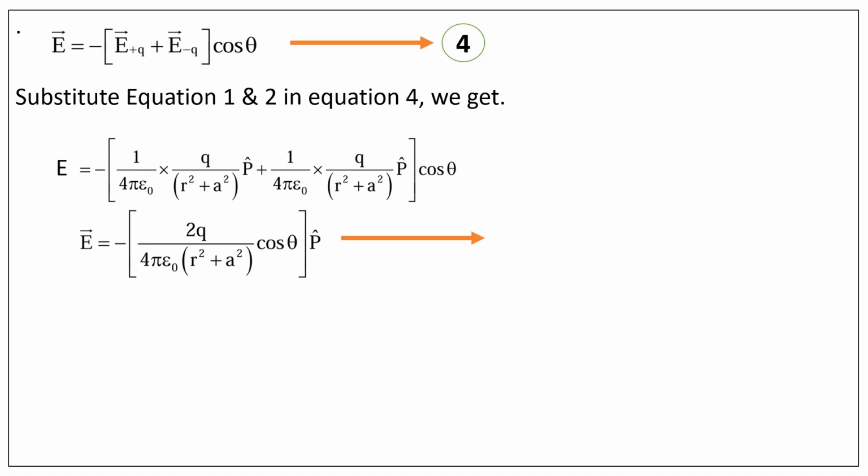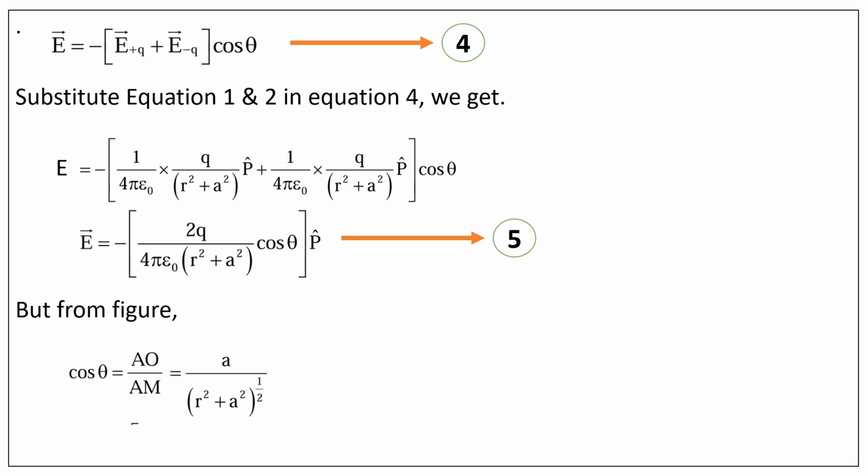That is, E is equal to minus into bracket 2Q by 4 pi epsilon naught into (r square plus a square) into cos theta into P cap. Equation number 5. But from figure, cos theta is equal to a by (r square plus a square) whole to the power 1 by 2.